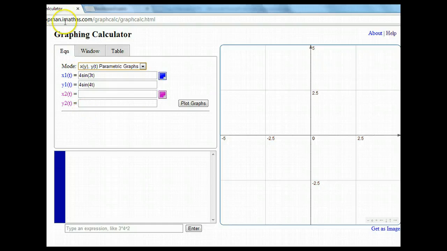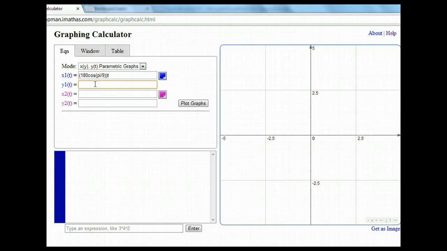Okay, so here I am again at this graphing calculator. Notice in my mode I chose parametric so that it gave me an x and a y in terms of t. I'm just going to clear these out so I can put my equations in. And remember, our equation for x was 180 cosine of pi over 9 times t.